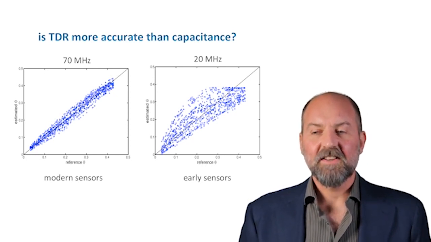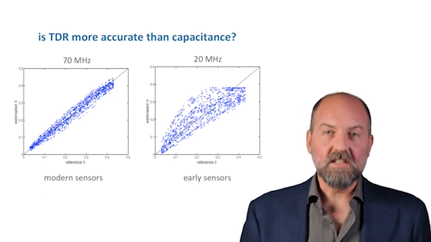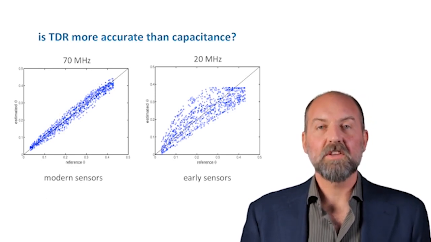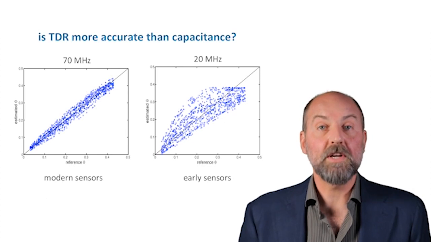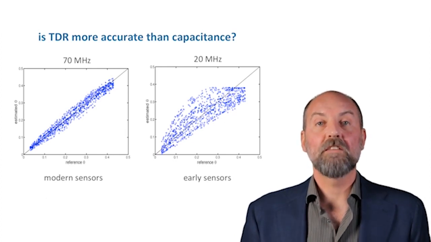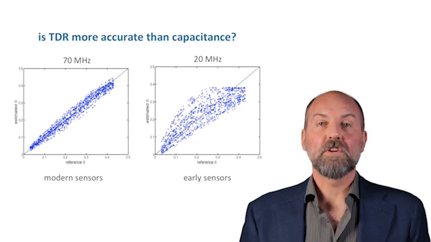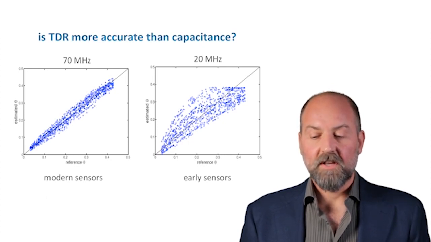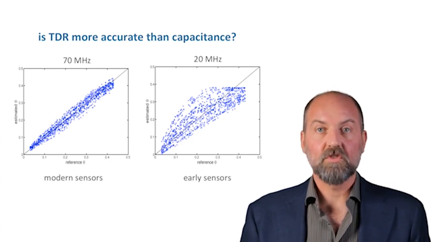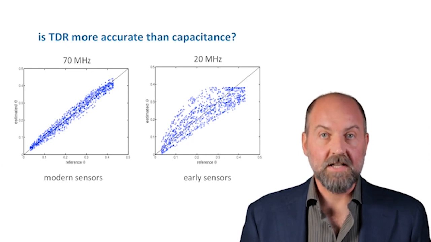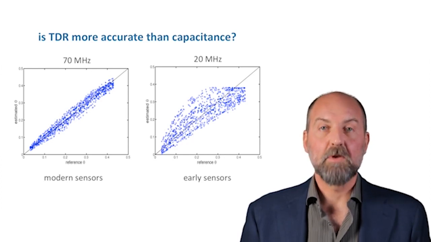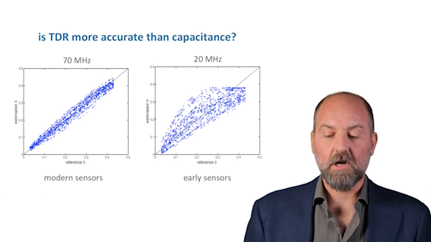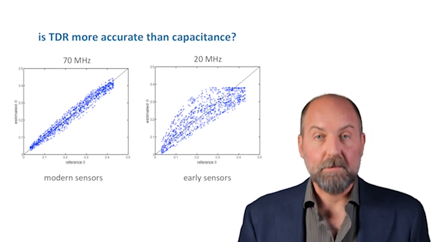The early sensors were operating at frequencies that were too little, and therefore they were sensitive to the salinity effects because, again, of the interfacial polarization phenomena, in a way that was unacceptable.